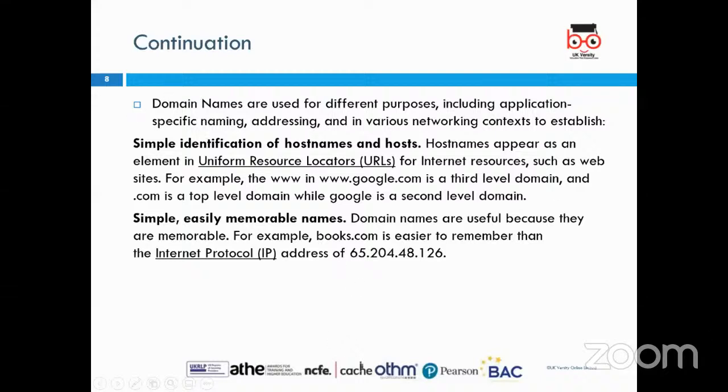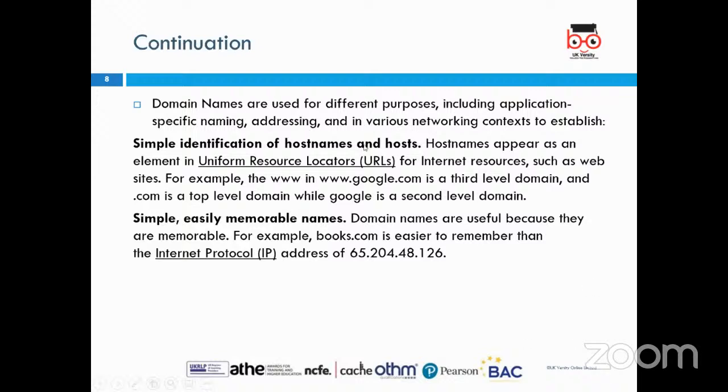So domain names are also used for other purposes. Another purpose is a simple identification of host name and host. The host name appears as an element in the uniform resource locator, so in our URL, and for internet resources such as a website, for example.